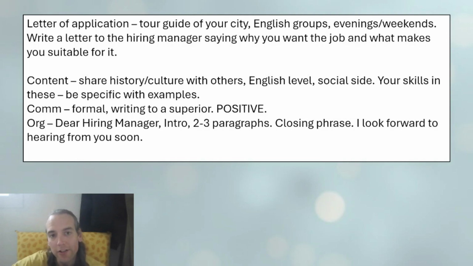We're going to have an introduction where we, again, give some context and say, this is the job I want, and so on. 2 to 3 paragraphs, maybe, depending on what skills and what focuses you're going to talk about. And then maybe some kind of closing phrase to finish. Closing phrases that you should have studied from the different videos I've posted and the work you've done, such as, I look forward to hearing from you soon.